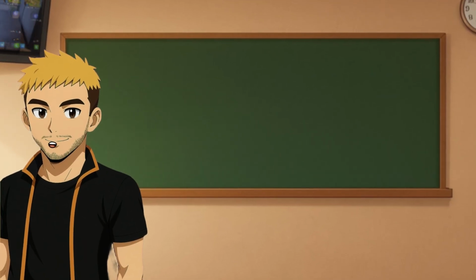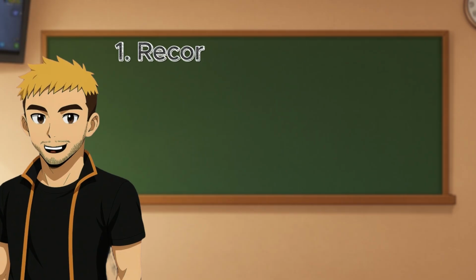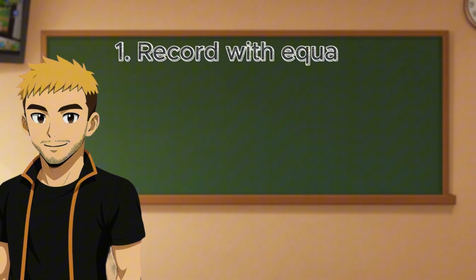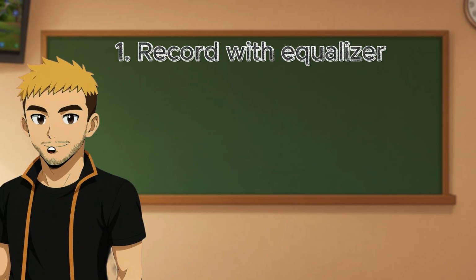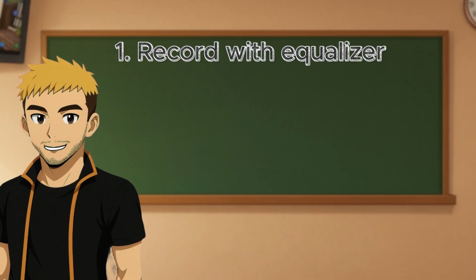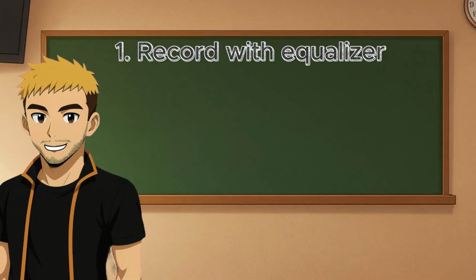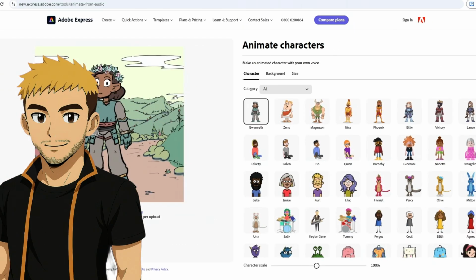First of all, record your sound. Ensure to either use a software that supports equalizers or edit the sound later in CapCut so your voice comes across as beautiful as it is to your viewers. Then you need to cut your voice into 1-minute parts so you can upload them to this beautiful website operated by Adobe.